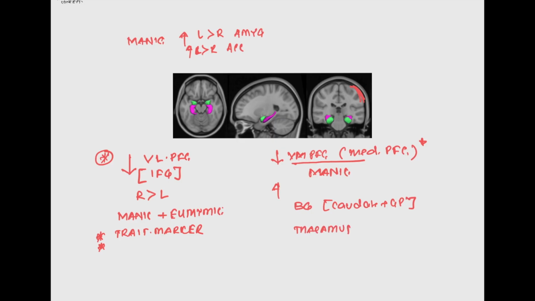So in patients with mania, there is an increase in the functional connection seen between the basal ganglia and the thalamus. And this connection is modulated by two neurotransmitters, dopamine as well as serotonin. We will talk about this in detail sometime later. So what dopamine does is that it increases this functional connection between the basal ganglia and the thalamus.